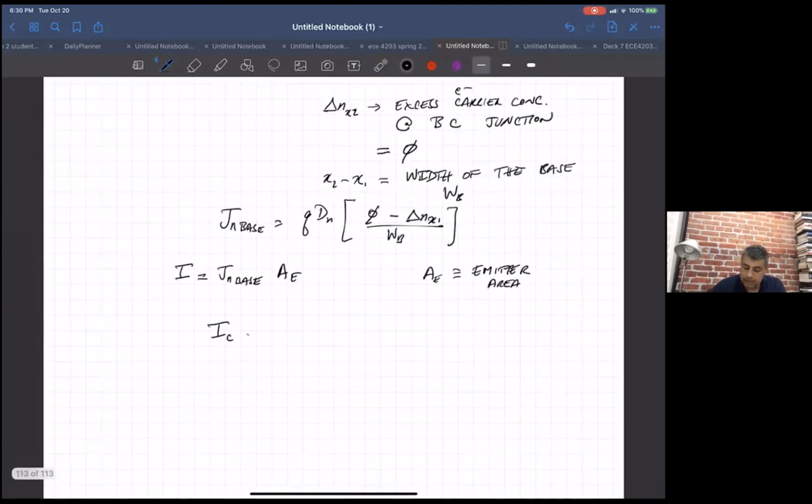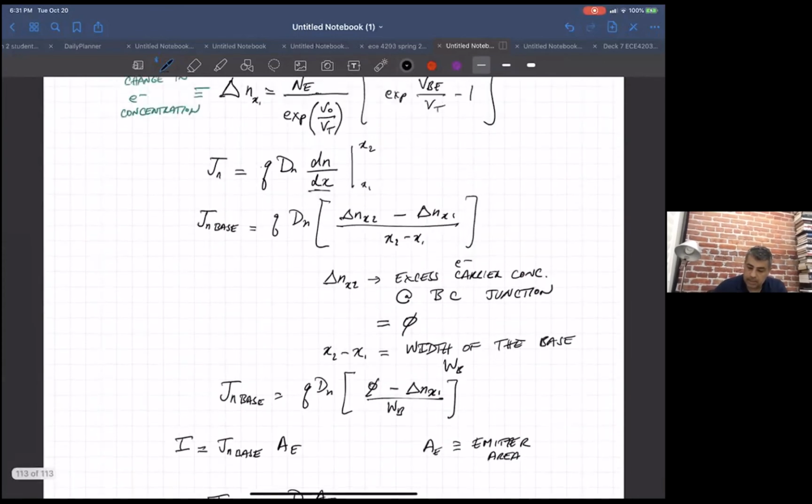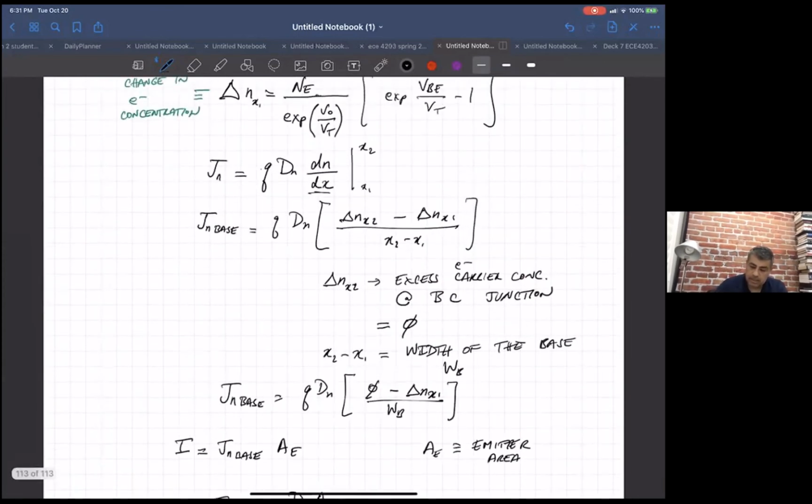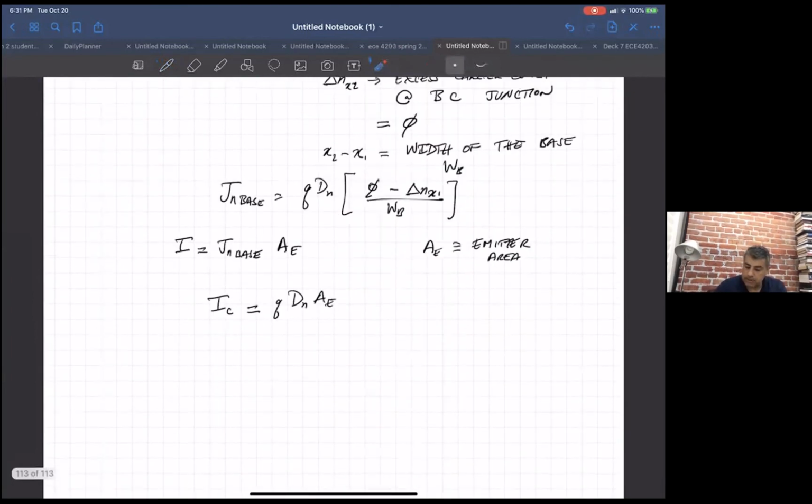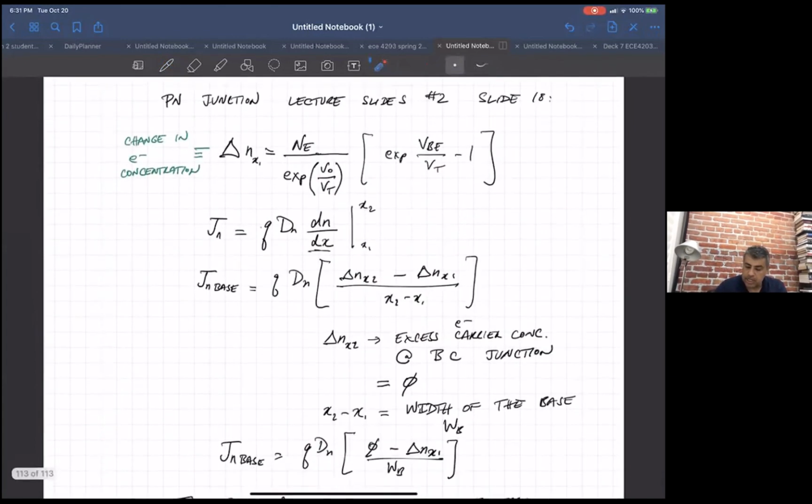It is equal to, I'll plug in everything. So I'm going to say this is Q D sub n, A sub E, and I want to get rid of this negative thing.